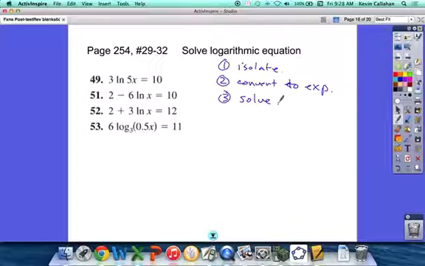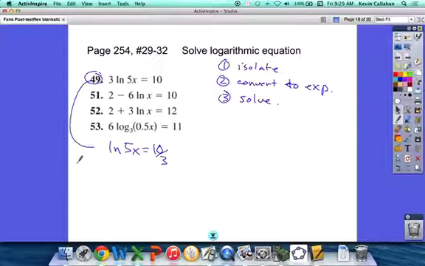For example, this first one, what do I have to do to isolate the log? The 3 that's multiplying. So make it ln of 5x equals 10 over 3.